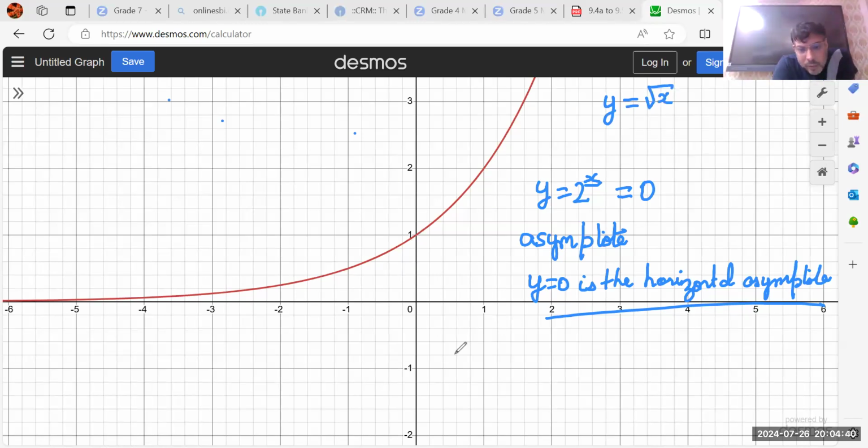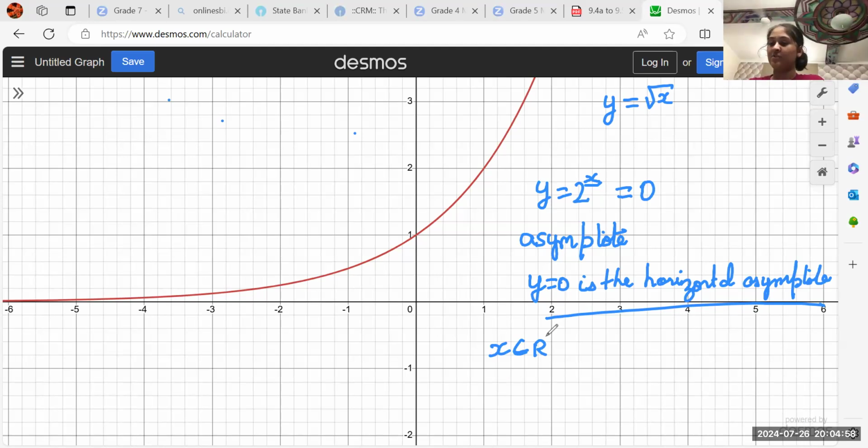अब इसका मैं डोमेन की बात करूं तो x belongs to R. रेंज की बात करूं तो what will be the range? किड्स, इसका रेंज क्या होगा? Y cannot be 0. No, beta.